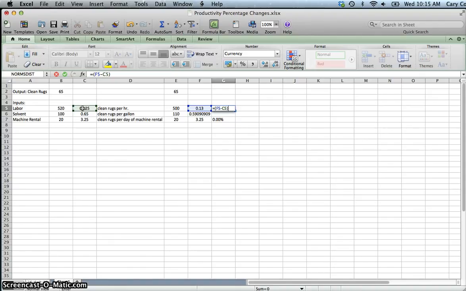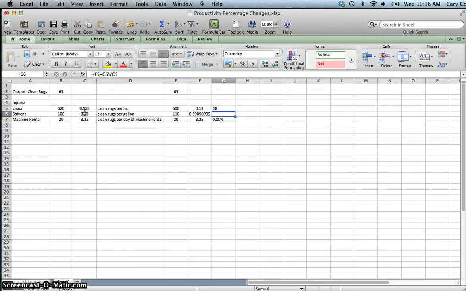So we're hoping that our second number is better, and so we take the second number and subtract the first number. Now we're comparing based on that first number, how much we increased, and so we build that in. We divide by this. So you take the difference and you divide by the comparison point, or the starting point.